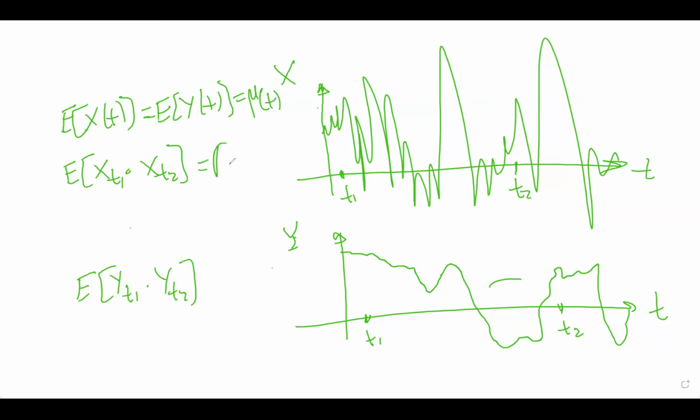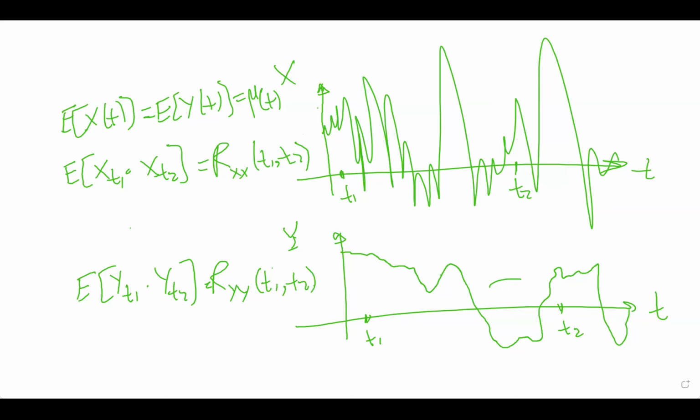So this could be written as r xx of t1 and t2, and this as the autocorrelation r yy between t1 and t2. So if I ask you a question now, which one do you think is larger, rxx or ryy?